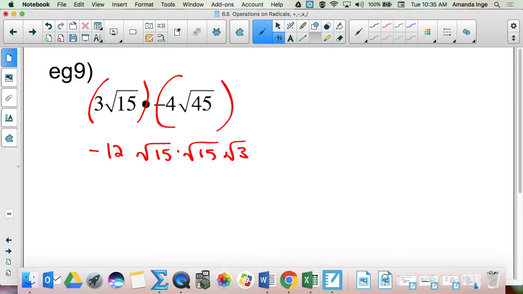Because 3 times 15 is 45. Everybody okay with that? And that's negative 12 times 15 times the square root of 3. So what is that, 180? Everybody good?